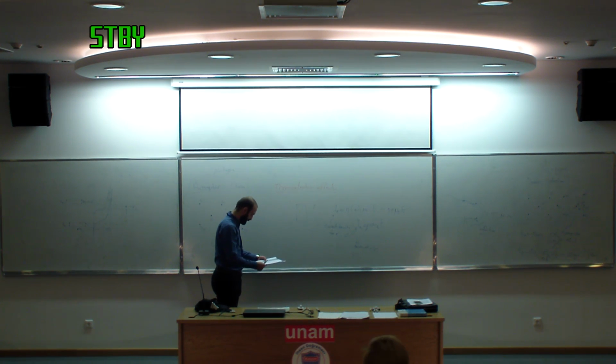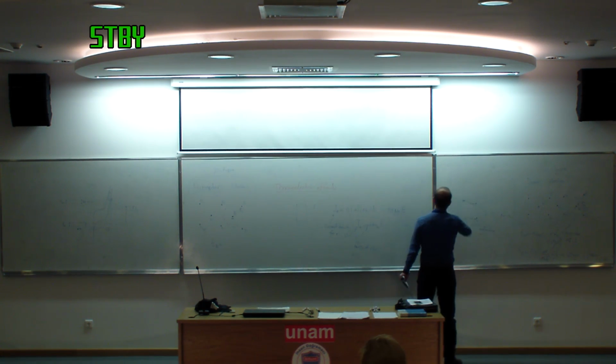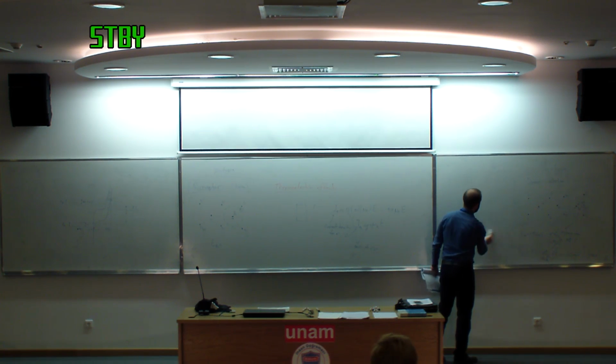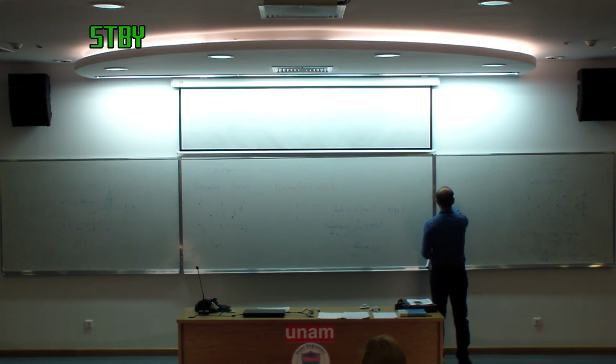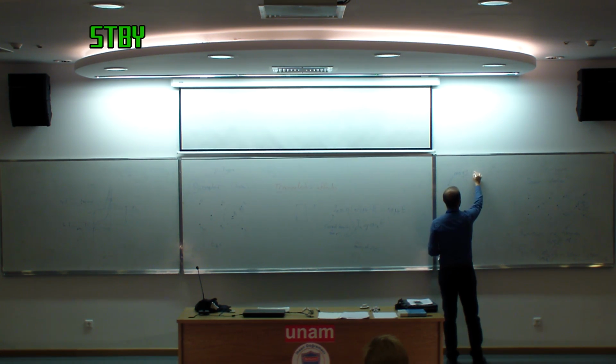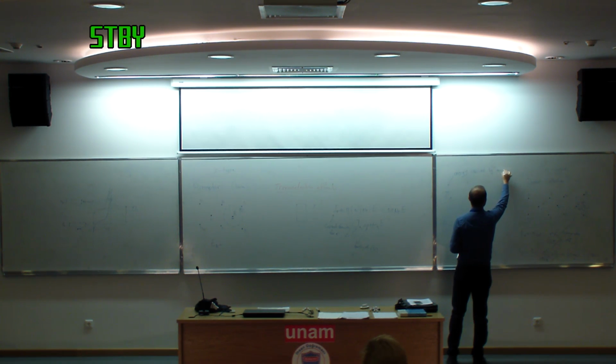Okay. Now, if I look at the energy carried by an electron or a hole, that will be something like this. So this is the energy carried by a unit charge.